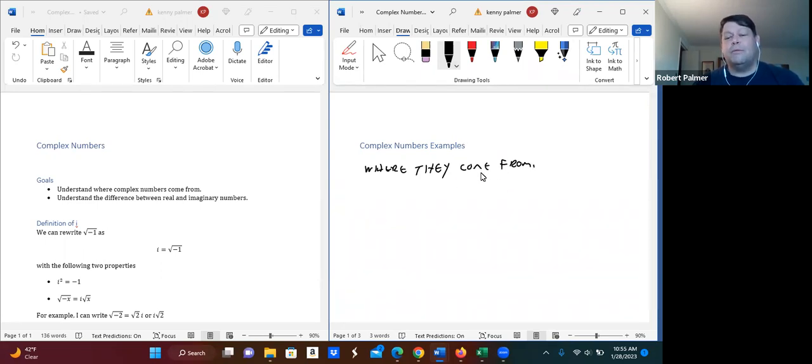And for most of the times, for us, basically they come from solutions of quadratic equations.